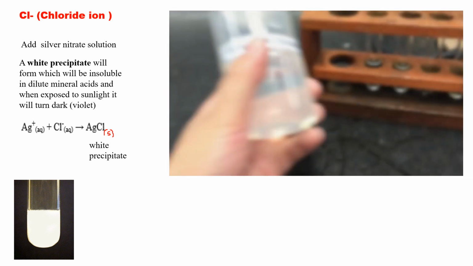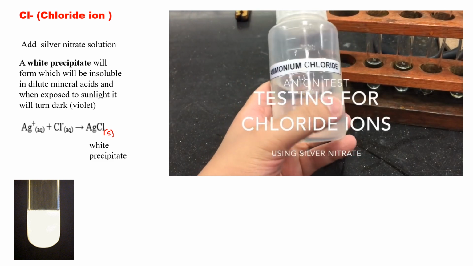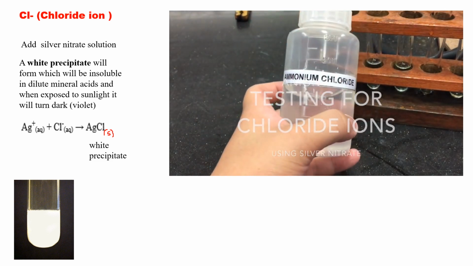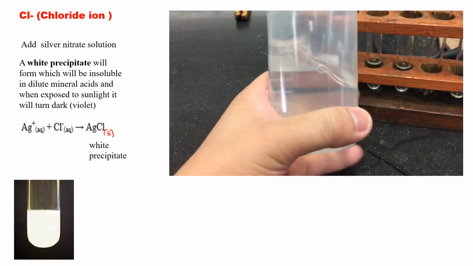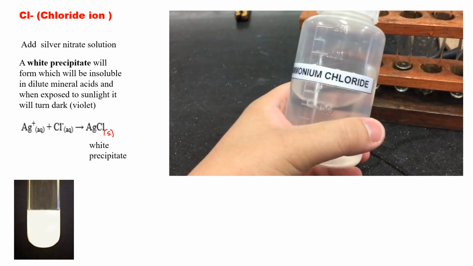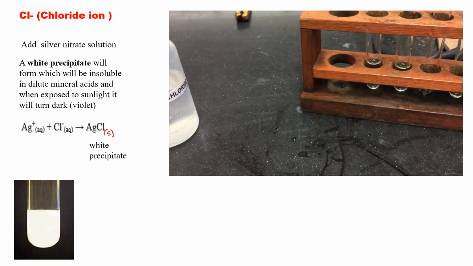Solutions containing chloride ions are usually colorless. We can test for the presence of chloride ions in solution by using silver nitrate solution.